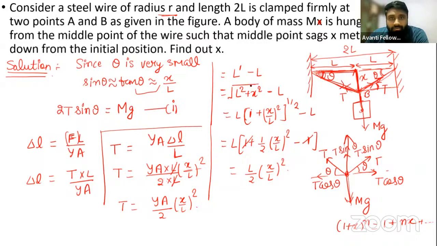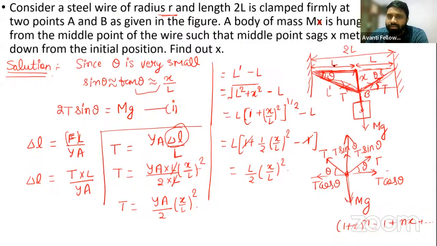Then we calculated the elongation because for tension, we need the elongation: how much this wire has been stretched. For elongation, we take this part of the wire and let's say its length becomes L dash. So L dash is the final length.